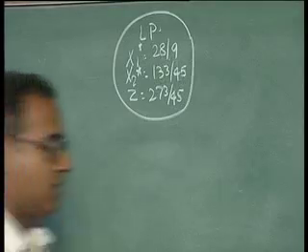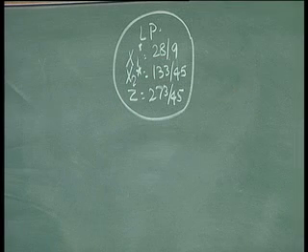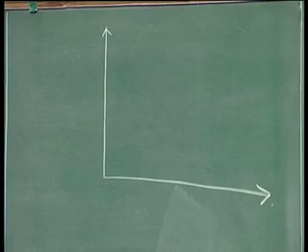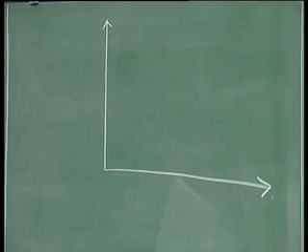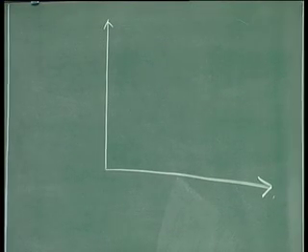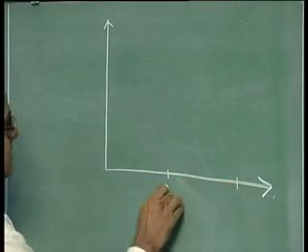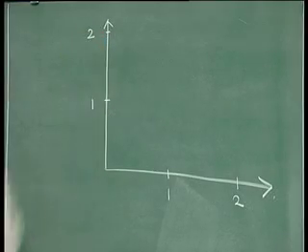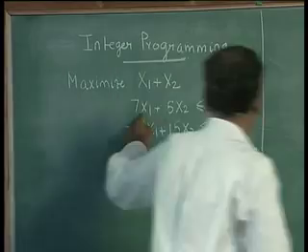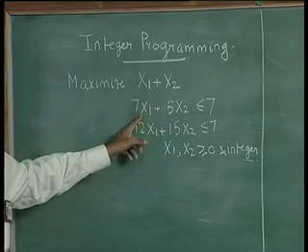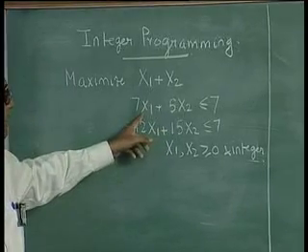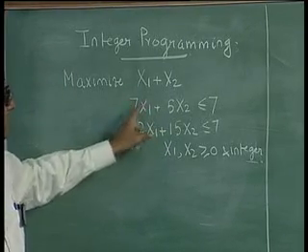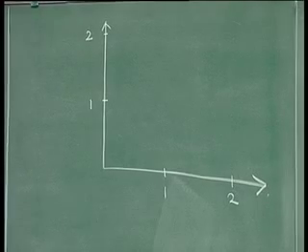Now, let us try to pictorially depict this LP optimum. Let us say we need to plot both the constraints. So, 7x1 plus 5x2 less than or equal to 7, say we call these 1 and 2. The first constraint would have x1 equal to 1, x2 equal to 0, and then 0 and 7 by 5.